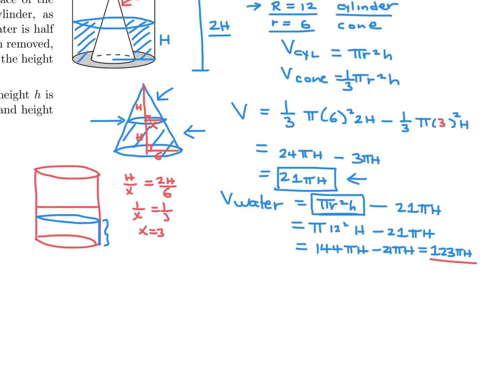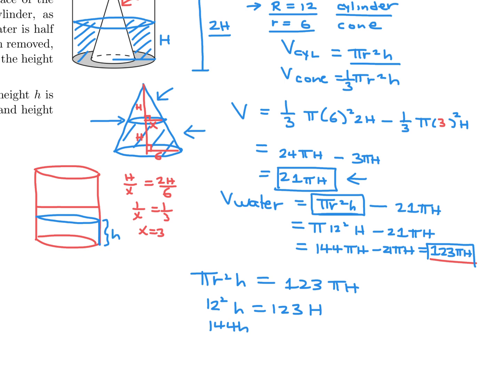We just have to take this volume and use the volume formula for the cylinder. So right there, pi r squared h is 123 h, pi h I should say. The pi's cancel, and therefore r, what r are we using? We're using 12, correct? We're using the actual radius of the cylinder. So that's going to be 12 squared h is 123 big H, and therefore that's 144 h.